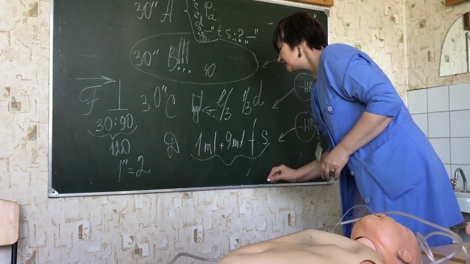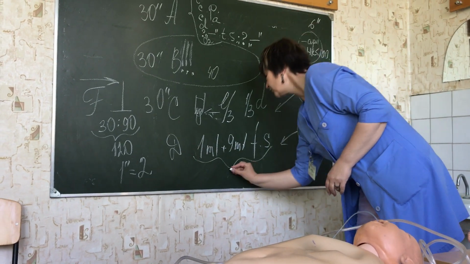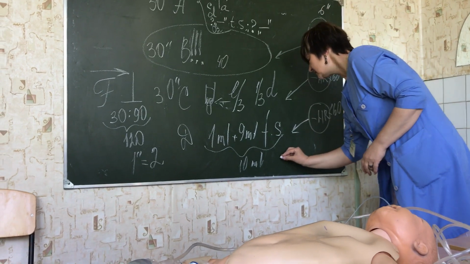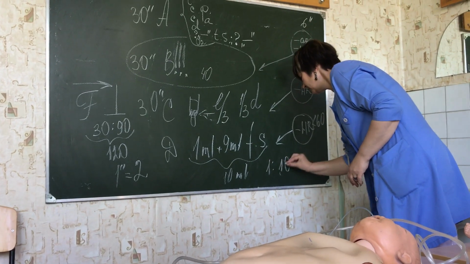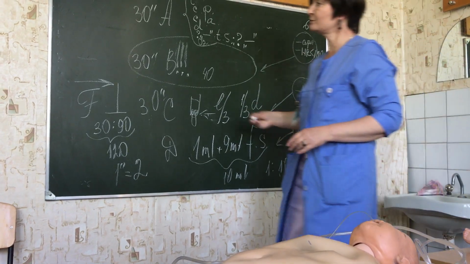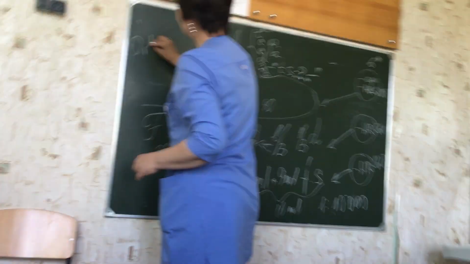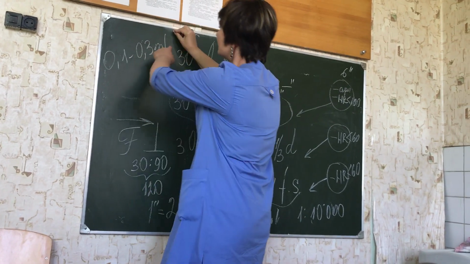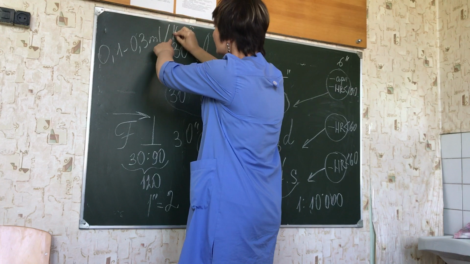And you have 10 milliliters of new solution with concentration 1 to 10 thousandths. And you use dosage 0.1 to 0.3 milliliters per kilo.